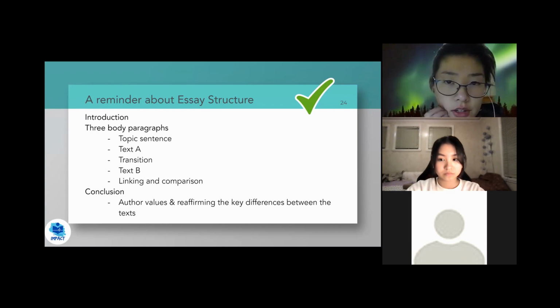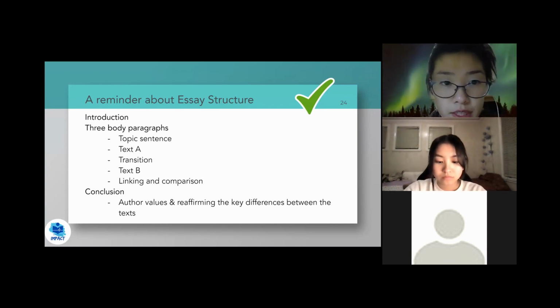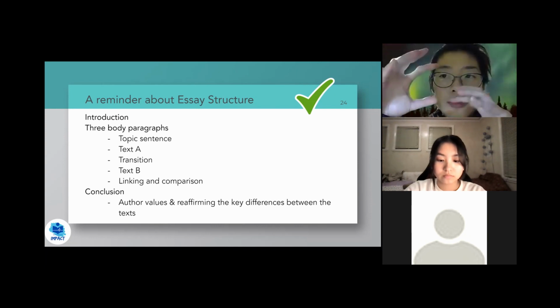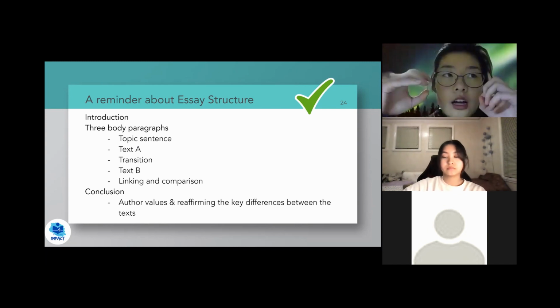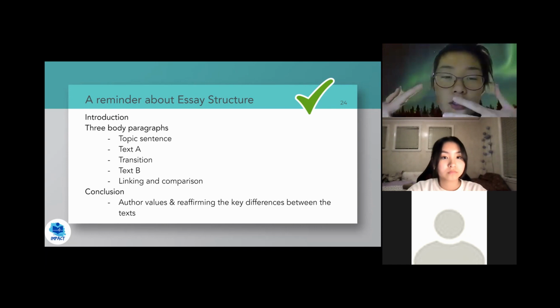All right, so just a brief reminder about the essay structure. We have an introduction and 3 body paragraphs, and this is a nice structure we can have for each body paragraph: segregating the 2 different texts instead of merging them and interweaving your analysis of both of them.